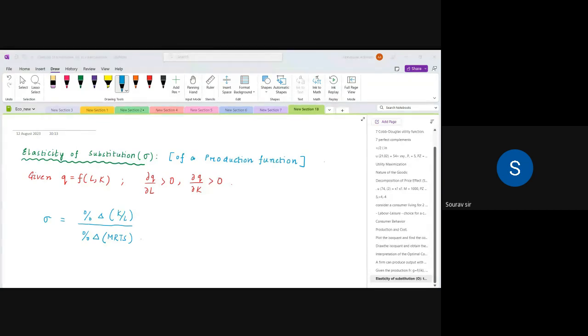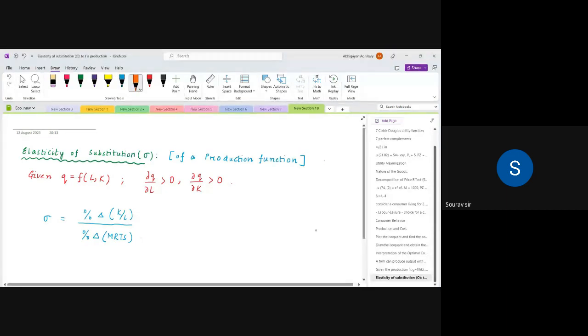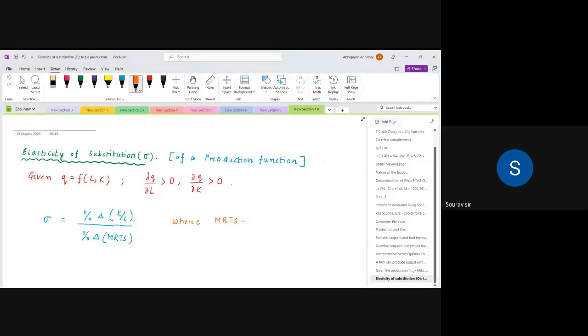This is what the definition of sigma states: percentage change in K by L ratio divided by percentage change in MRTS. Does anybody remember what MRTS was? The definition? Anyone on this call?